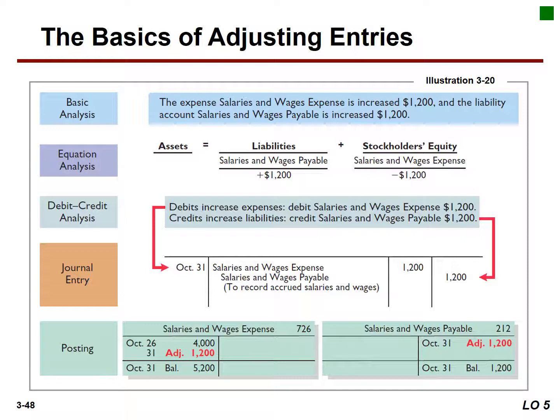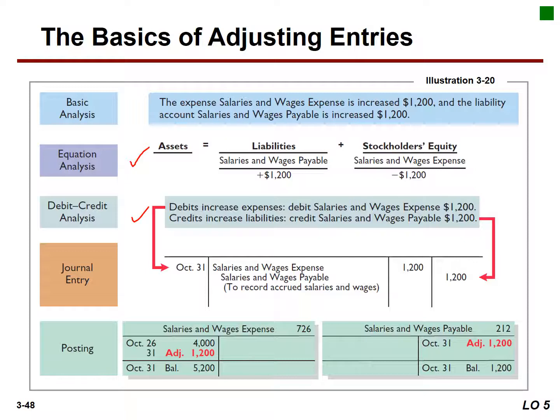Here's the analysis. We need to record an entry to our salary and wages expense, which is going to decrease our stockholders' equity, and increase a liability account called salary and wages payable. So there's our equation analysis. We increase expenses with debits, increase liabilities with credits.